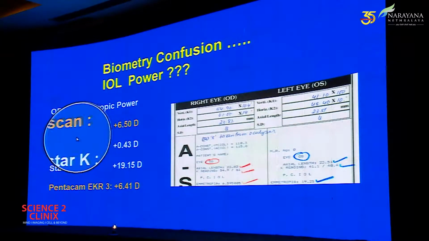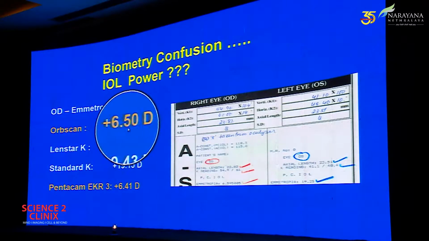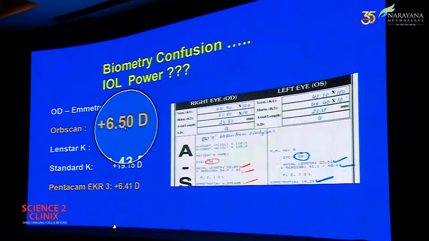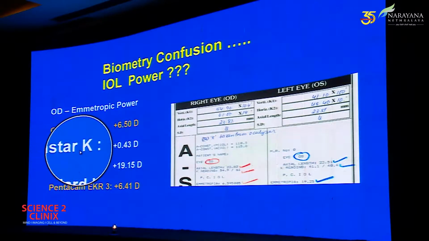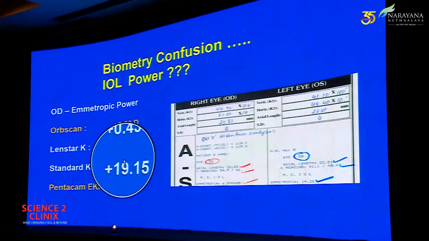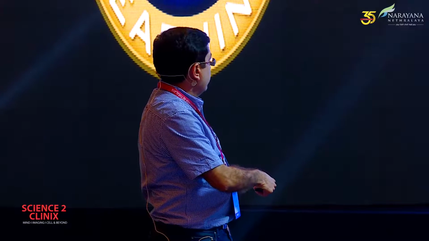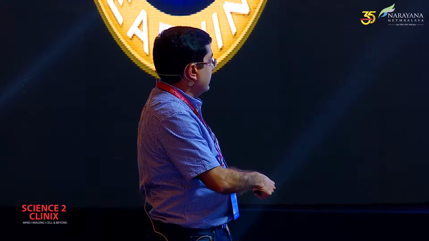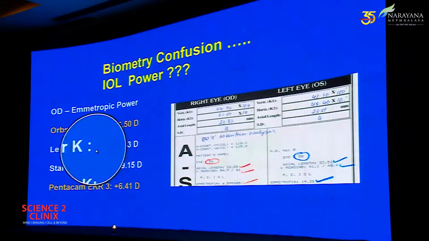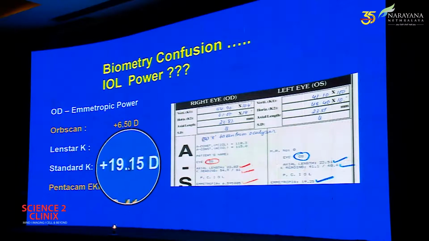When you use the OpScan keratometry values for the SRK II formula, this is what the emmetropic IOL power was. When you use the LENSTAR keratometry value, this is what you got for the IOL power calculation. When you used the standard K, that is 44.44, this was the IOL power calculation.